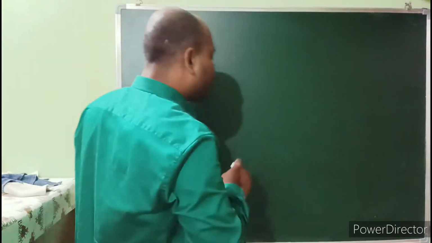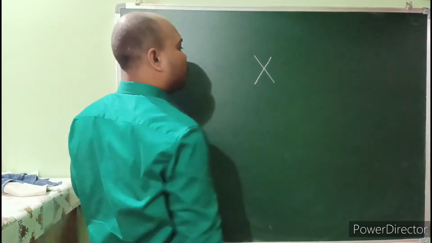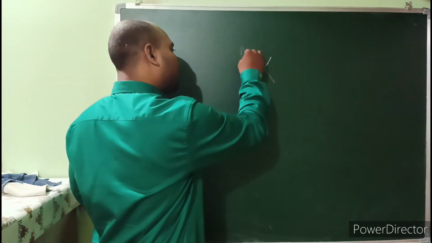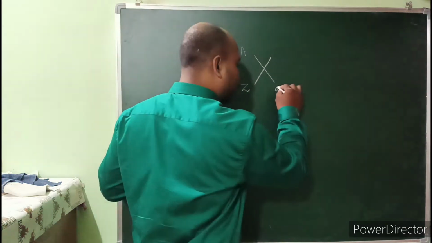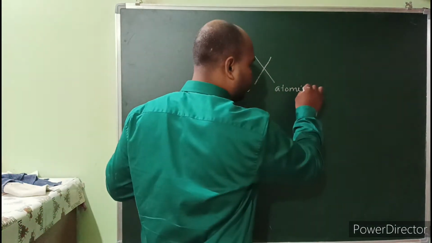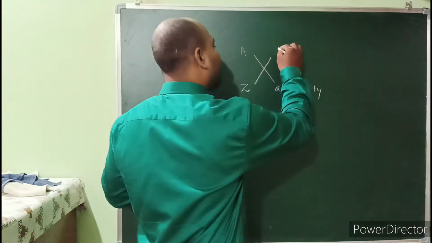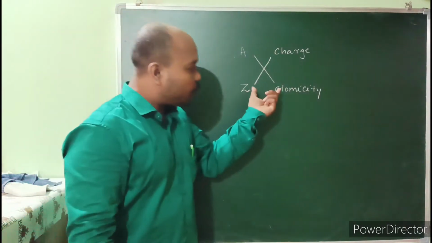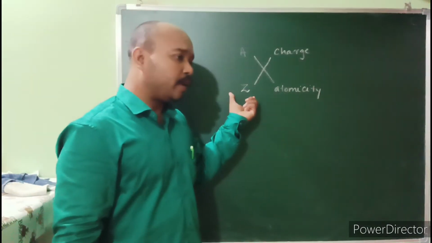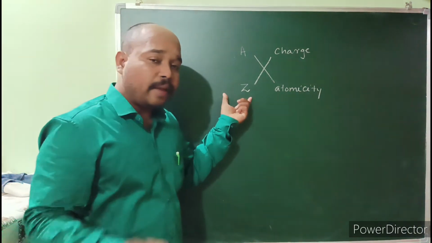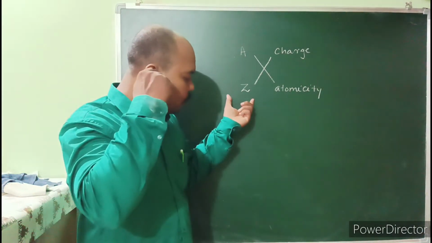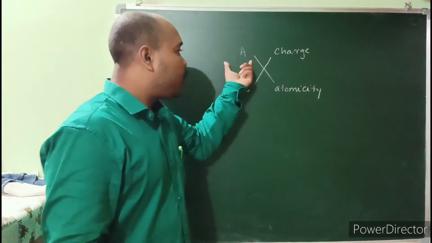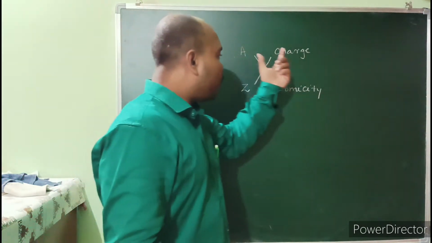If we give the symbol X to an element, then we will write the atomic number here, the mass number here, the atomicity here, and the charge here. On the left bottom side of the symbol we write the atomic number, from which we find the number of electrons and protons, and on the left top side we find the mass number.